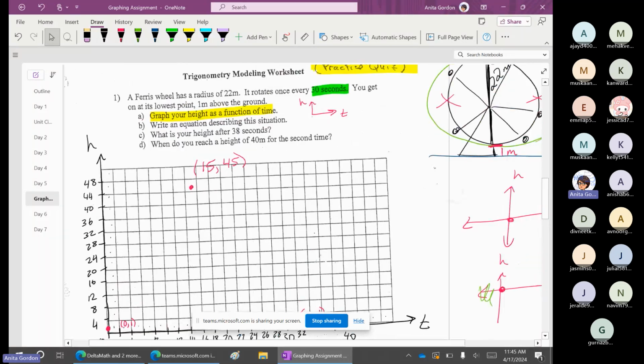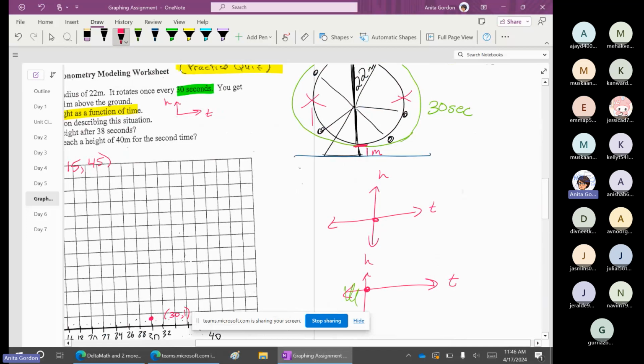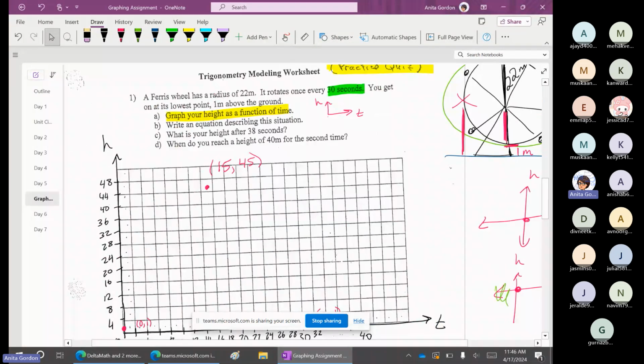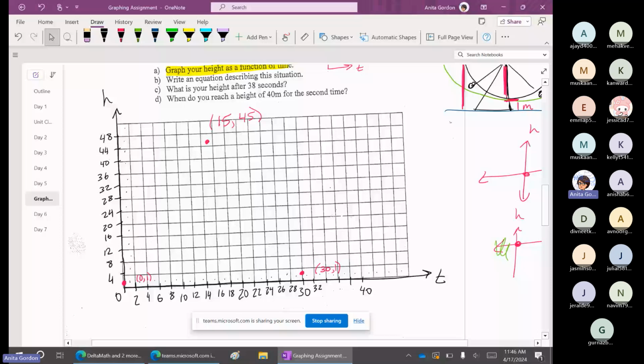At 7.5 seconds, how high am I off the ground? Remember, radius is 22. So I'm at 23, right? 1 meter to the bottom of the ring plus 22, the halfway up the circle. So at 7.5, I'm going to be at 23 somewhere here. I'm going to label that 7.5, 23.